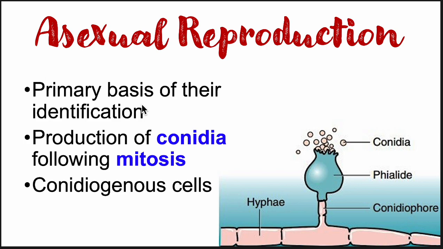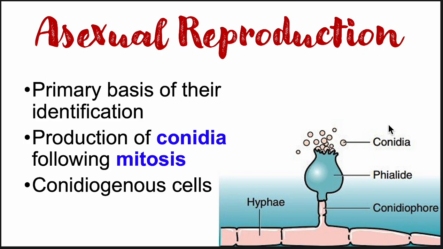For asexual reproduction, this is the primary basis of their identification, and of course the production of conidia through mitosis. So we have conidiogenous cells. Take a look at the structure. One of the examples of asexual reproduction is the production of conidia.